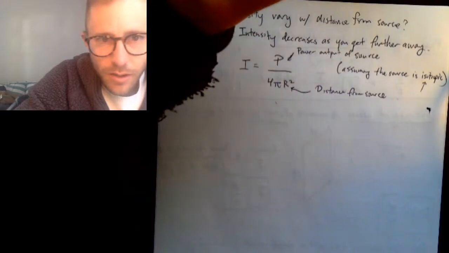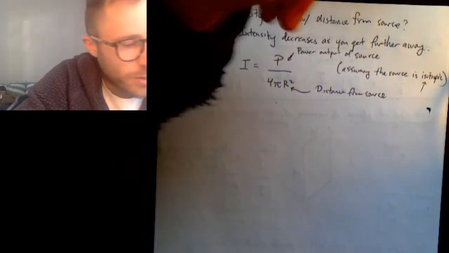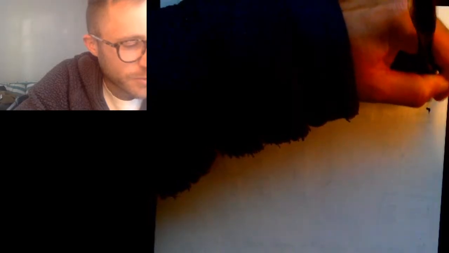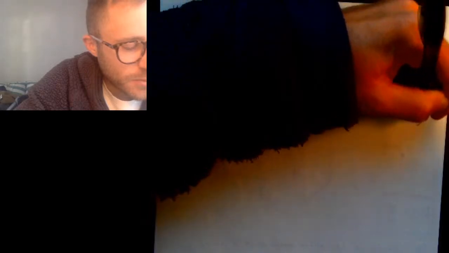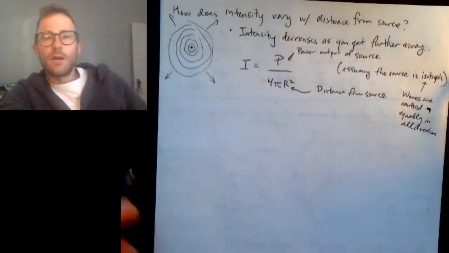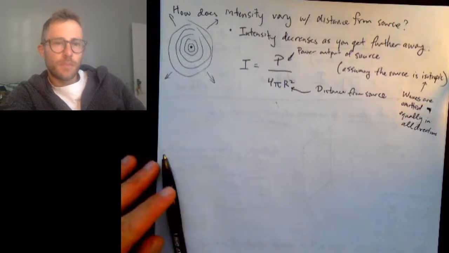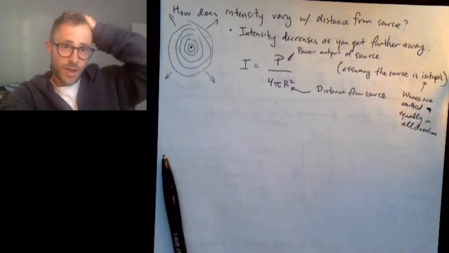So isotropic means that the waves are being emitted equally in all directions. Okay. So isotropic means the same in every direction.